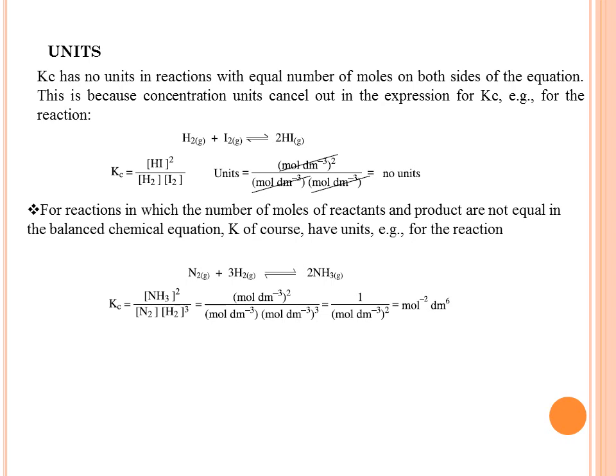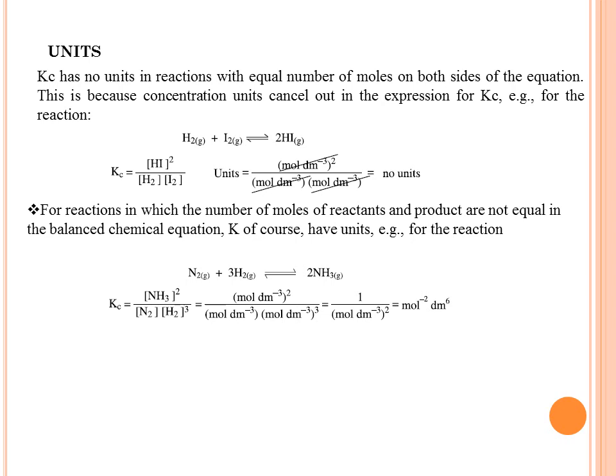Yes, you are right, 4 moles: 1 of nitrogen and 3 of hydrogen. And how many moles are present in the product? 2. So when we put this in the equilibrium expression and simplify it, we will get the unit of the equilibrium constant.